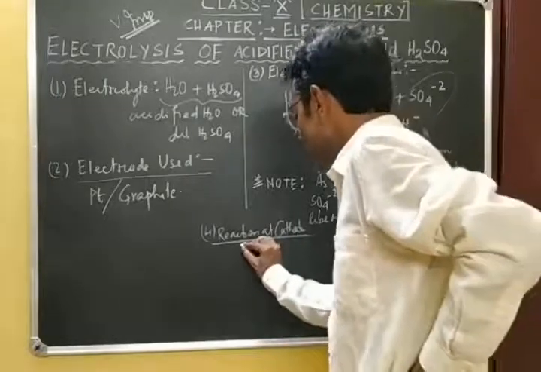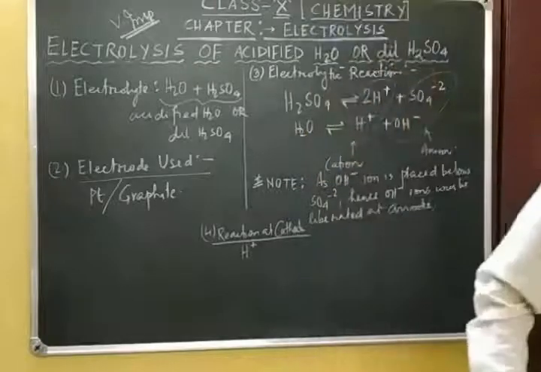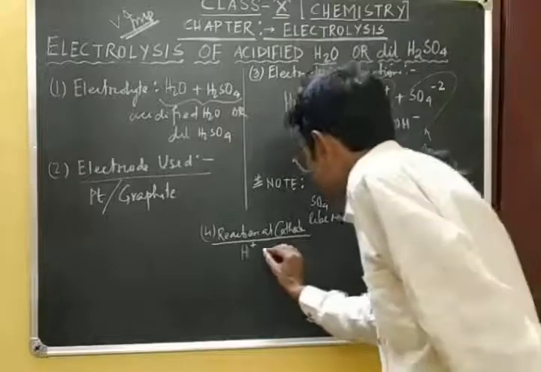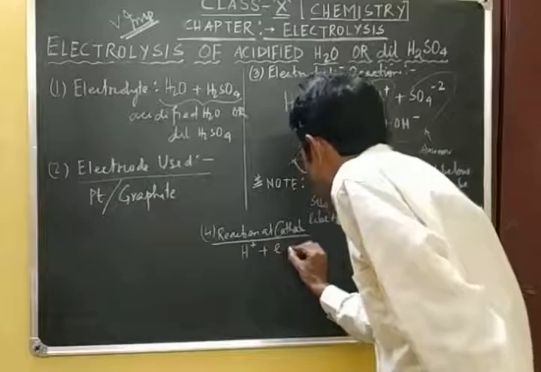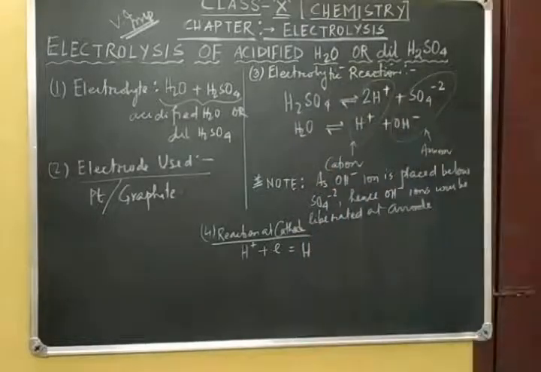At the cathode, H+ will be going there, and the hydrogen ion will gain 1 electron to form a neutral H, or hydrogen atom. I am not proceeding further due to some reason.